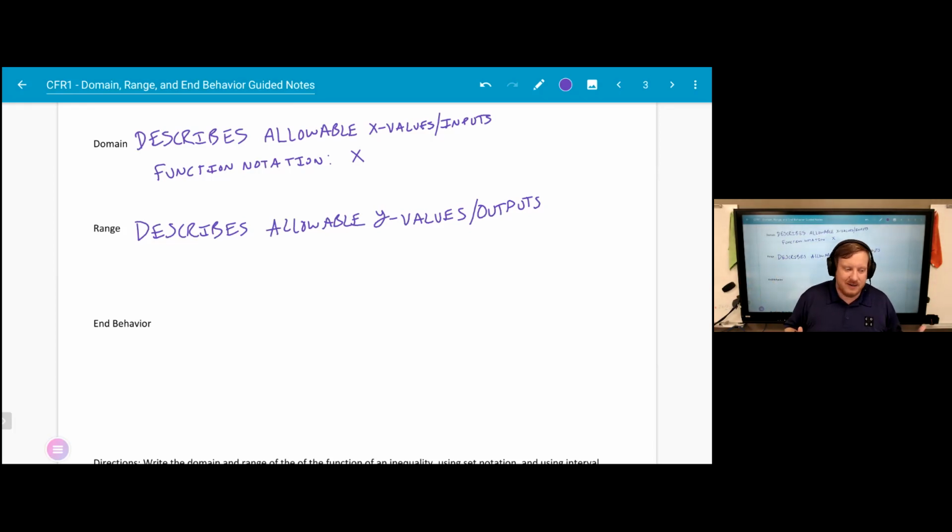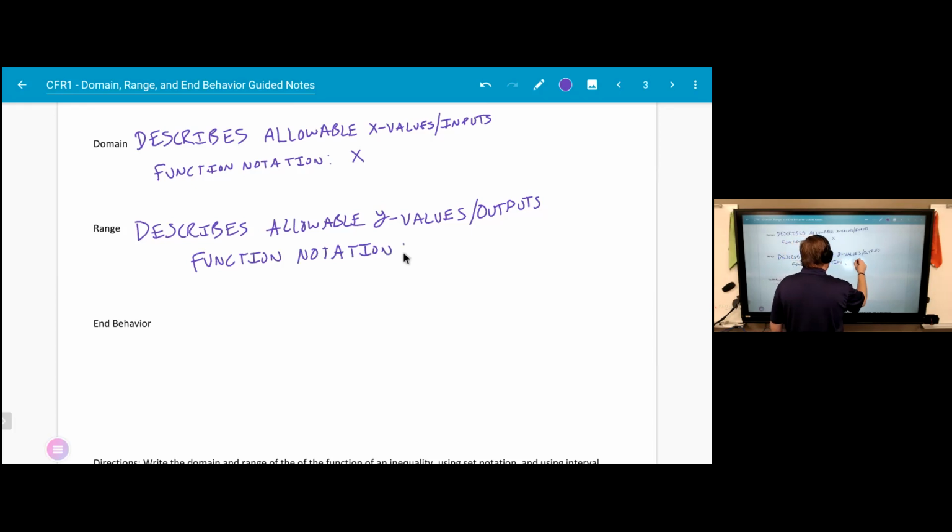Pause it after I talk. Describes the allowable y values or outputs. In function notation, we call this f of x. Ooh, f of x.